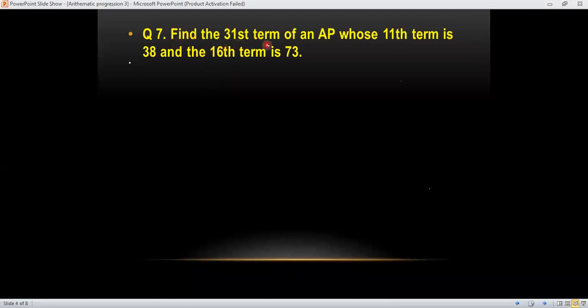Find the 31st term of an AP whose 11th term is 38 and 16th term is 73. Now here we have to find the 31st term where the 11th term is given and the 16th term is given.